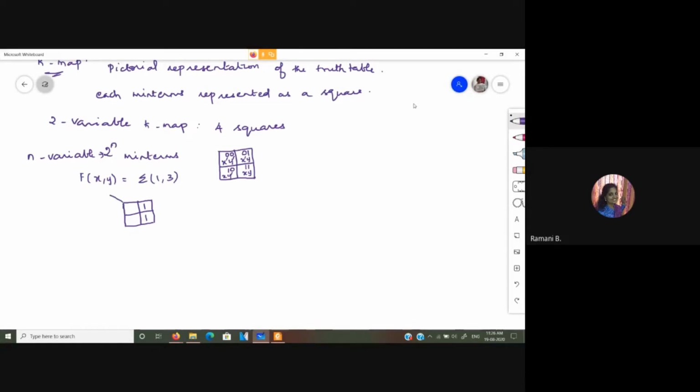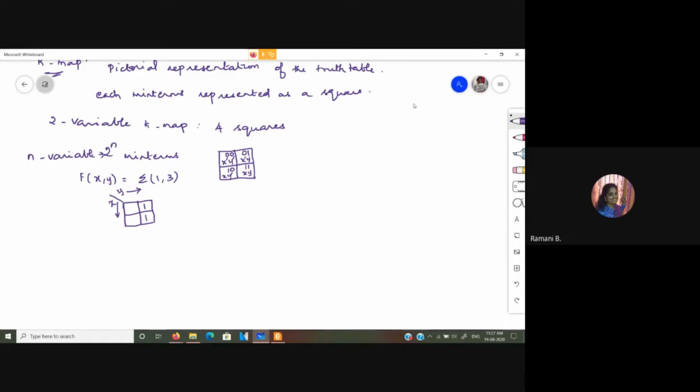Okay, so for easier convenience, what we actually do is with the 2 variable K-map, consider along this path you are representing the x variable, and here you are representing the y variable. Don't confuse it with the axis things. It is just variable x, y. It may be a, b, c, d, whatever, w, x, y, z, anything can be. So don't confuse with the terminology as x axis, y axis. Just the particular variable is along this direction, and this is in this particular direction.